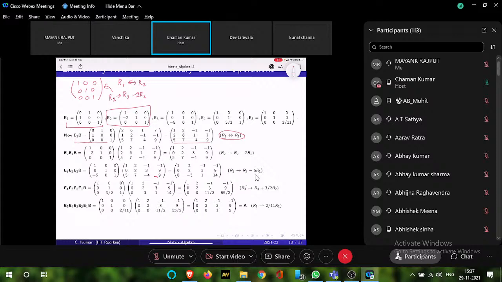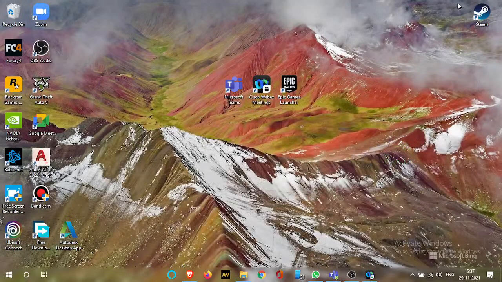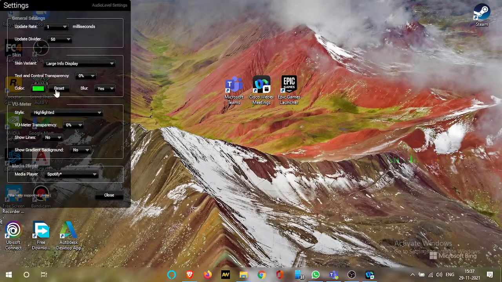And then what you do? You pre-multiply E1 B, that you have obtained in the previous step, by E2. Okay, so you have E2 E1 B. This will be equal to this matrix, and this is the same matrix that you obtain by applying this elementary row operation on this matrix.